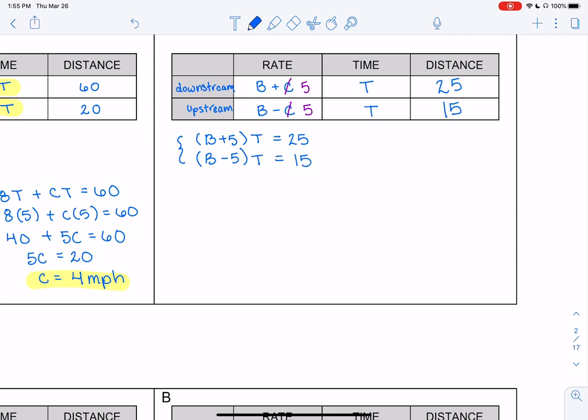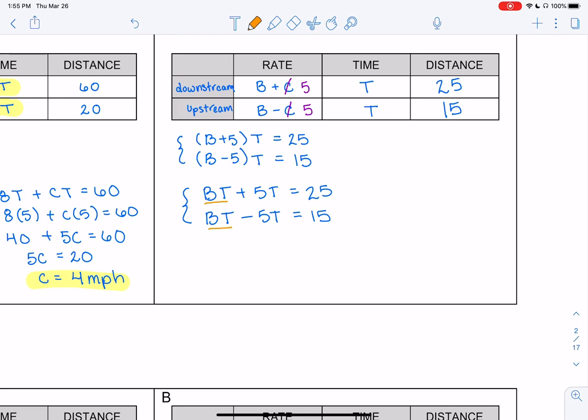Okay, my next step is to distribute the t across both of those. So I have bt plus 5t equals 25. bt minus 5t equals 15. And you may recall that I had mentioned last time we want the two variable part to be the part that we are eliminating.